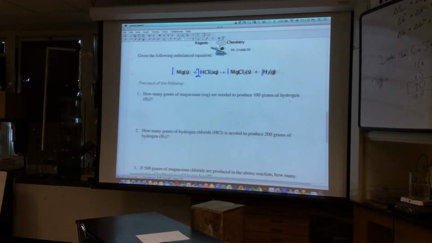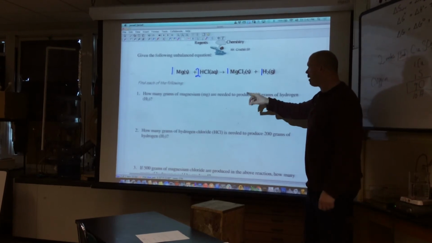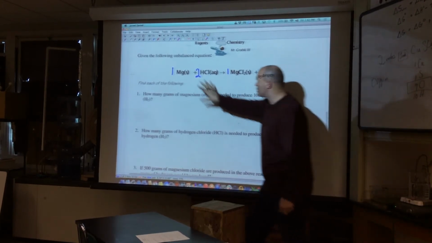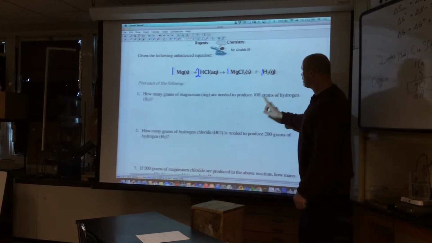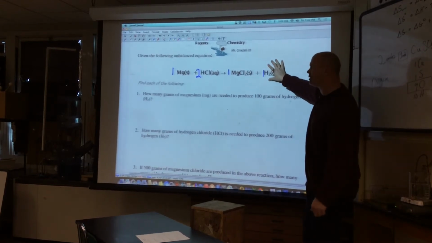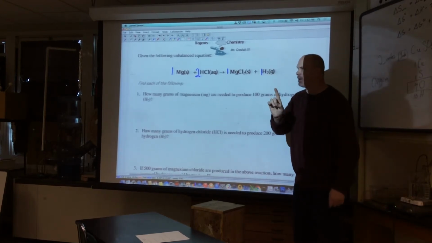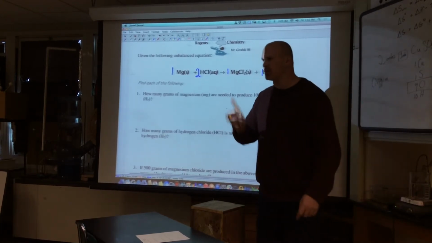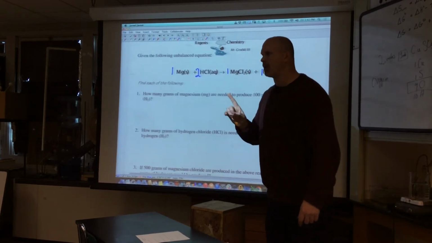Okay, now listen to this question. This question's a little bit different. How many grams of magnesium, how much of this in mass, do I need to produce this much H2 in this case? Now, there's a problem here. Someone tell me the problem. This is different than the first one we just did. What's the problem here?